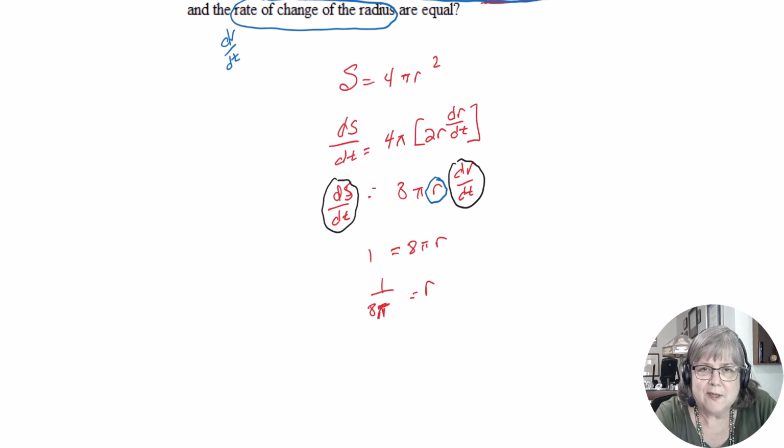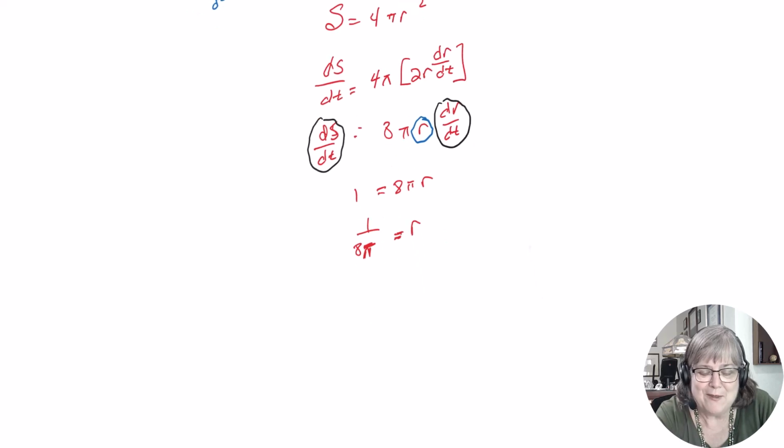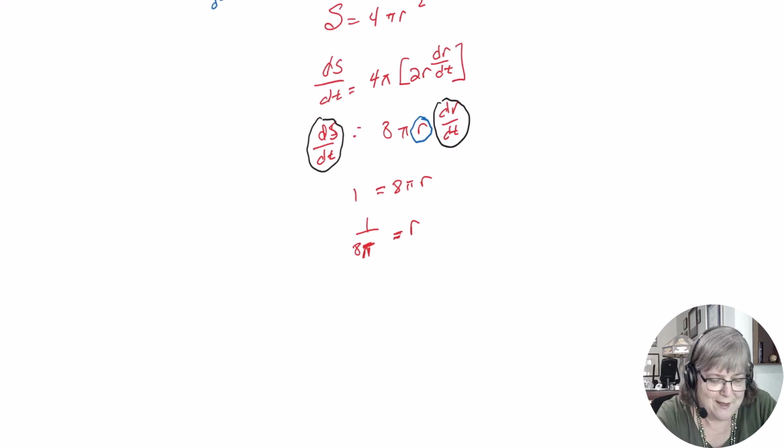And that's kind of interesting to me because the r turns out to be 1 over 8 pi, which has nothing to do with the size of our balloon, right? That doesn't have anything to do with it. And I just find that fascinating. So r is 1 over 8 pi inches, if what we're dealing with is a balloon in terms of inches.